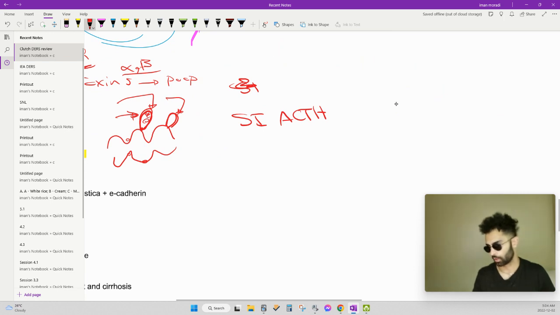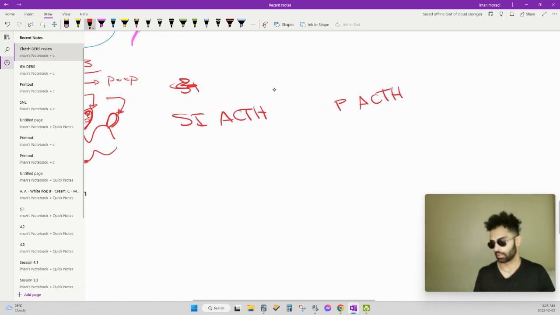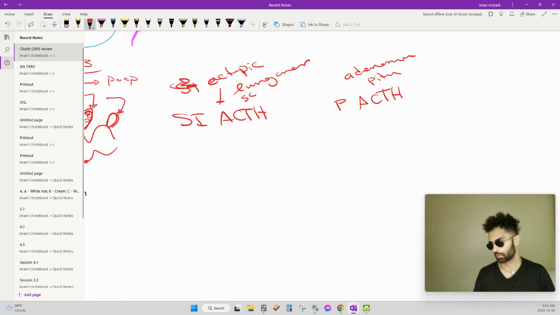We've got pituitary ADH, ACTH, right? In this case, it's an ectopic source, probably lung cancer, small cell at that, producing it. In this case, it's an adenoma of the pituitary.